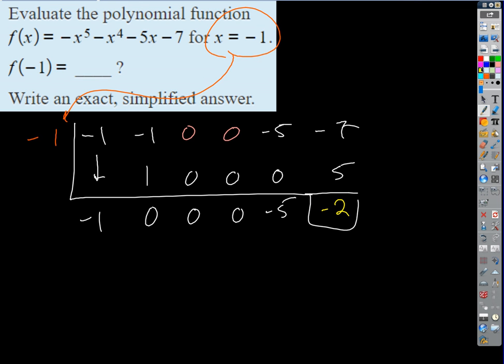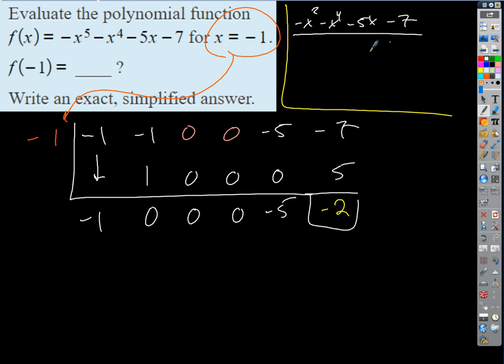Now, before we knew about this, you could have done this same process if I had given you the problem: simplify -x squared minus x to the 4th minus 5x minus 7 divided by x plus 1, right?